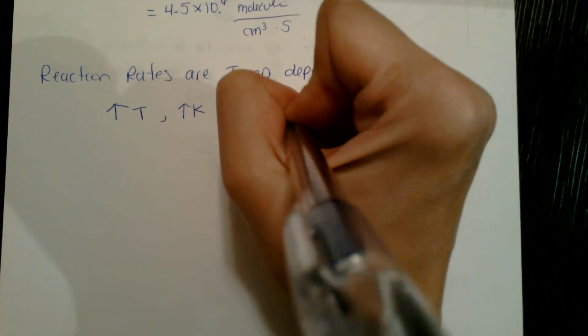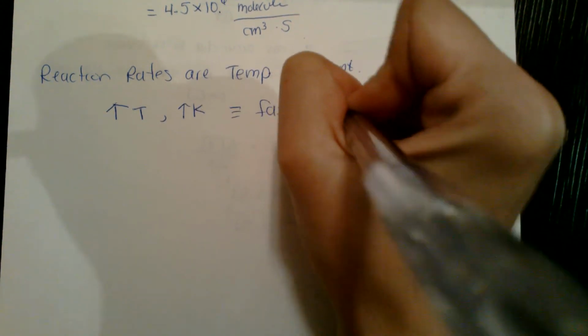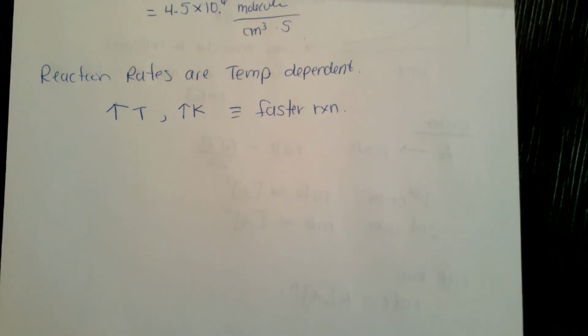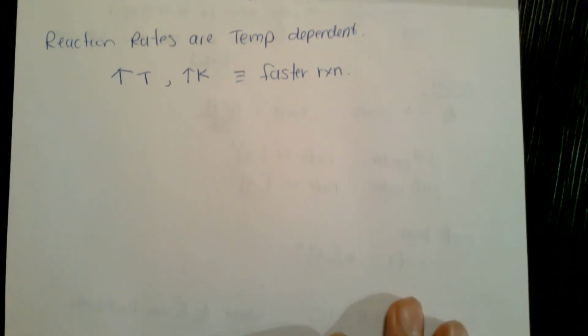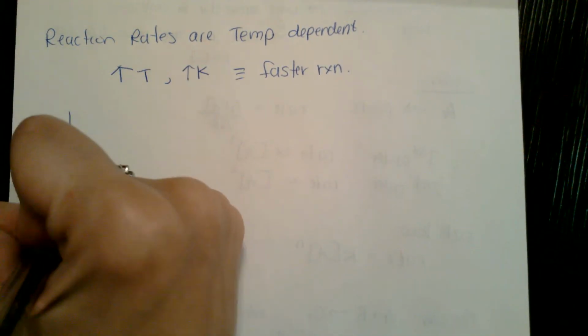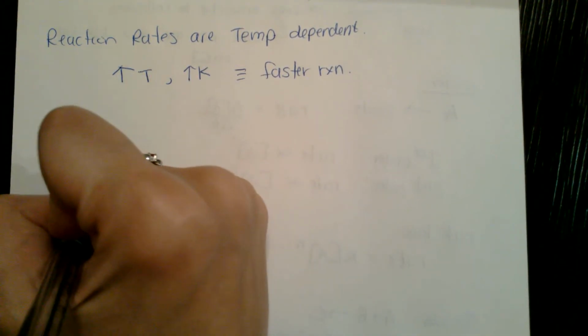Reactions are due to collisions. So the higher the temperature, the higher the rate constant k, which equals a faster reaction. So at higher temperatures, reactions happen faster. And not even just a little bit, this is an exponential.